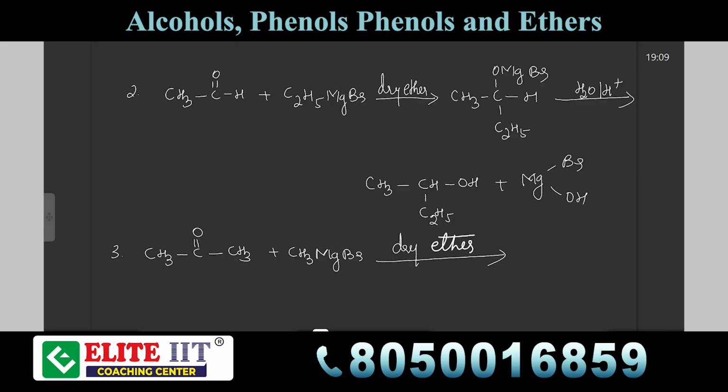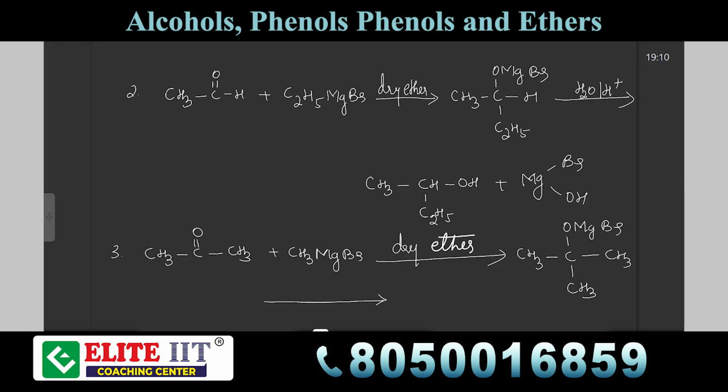See which alcohol you get in the third one. Complete the equation. Same way. Okay. So what do we get here? We get here CH3, CO, MgBr. Here we get CH3 and here we get CH3.